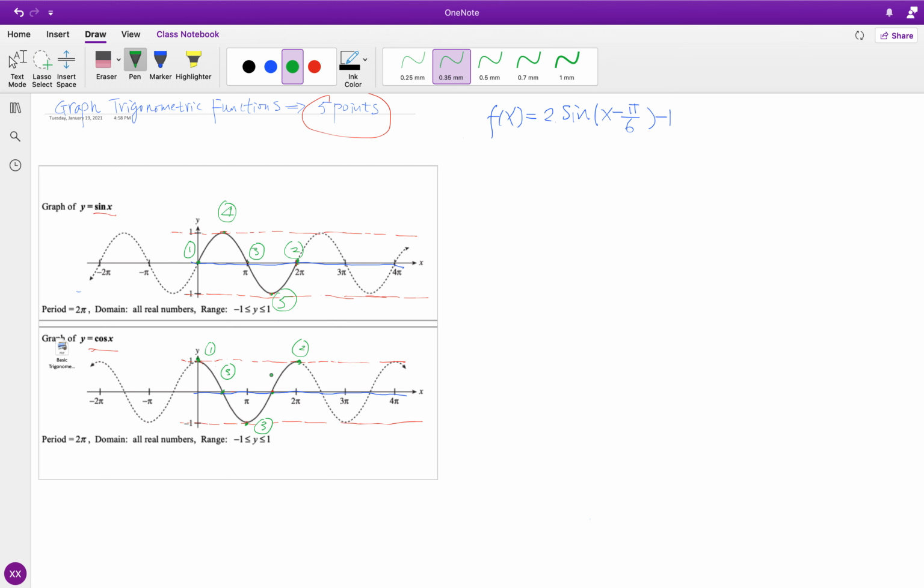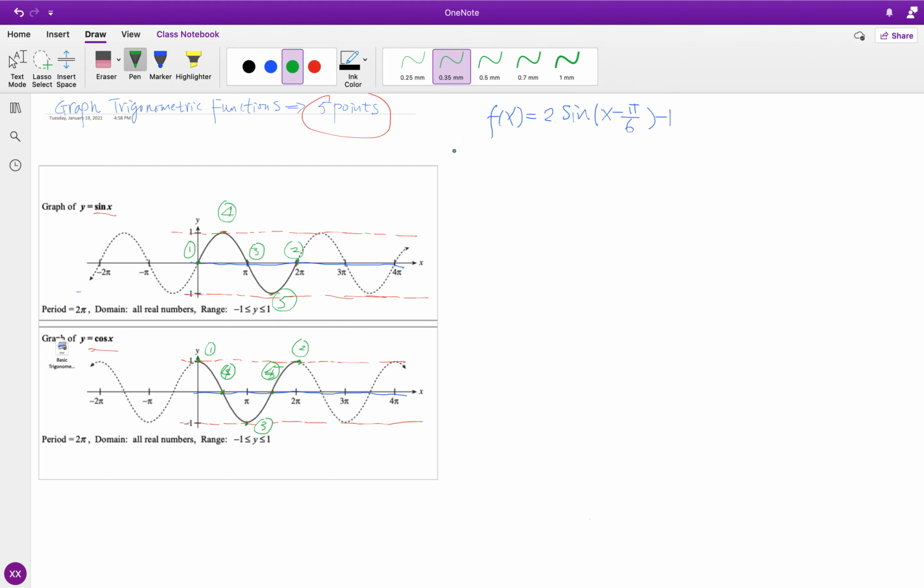And then we have another point here, right in the middle. Oh, sorry, that should be the fourth one, and this should be the fifth one. So that's our 5 points. Okay. So now I'm just going to use, first of all, a sine function and the cosine function to explain how we construct this graph.